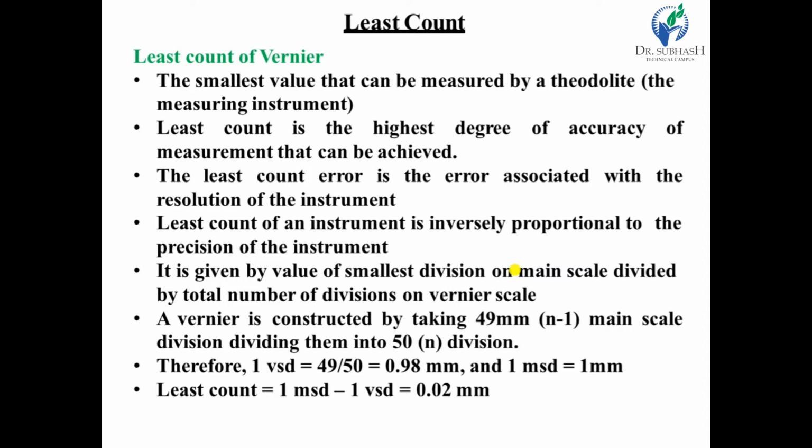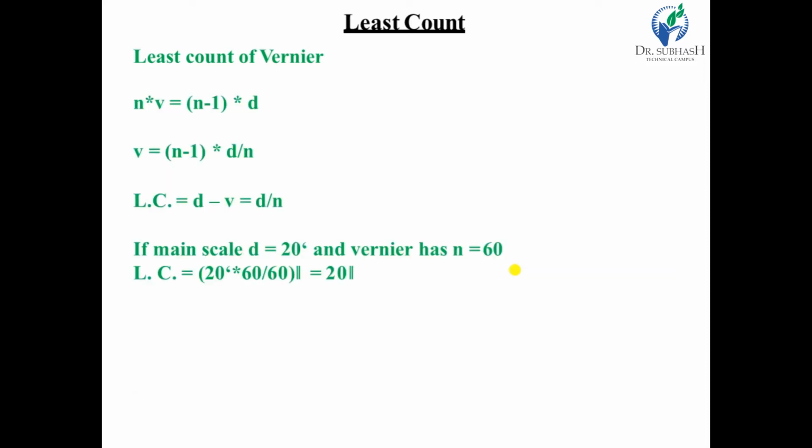So least count is equal to 1 MSD minus 1 VSD: one main scale division minus one vernier scale division. 1 minus 0.98 is equal to 0.02 mm. So the least count is 0.02 mm. That is the formula that can be used.